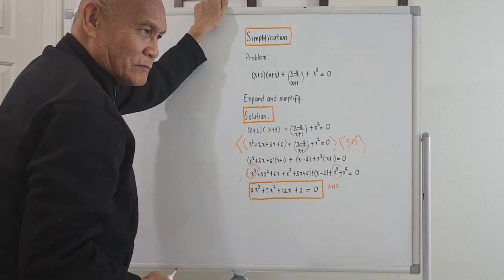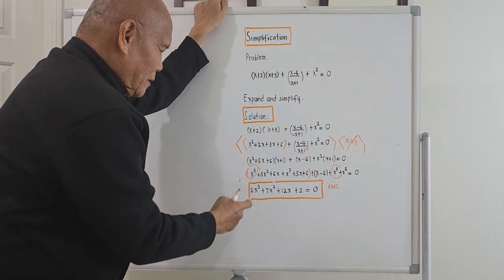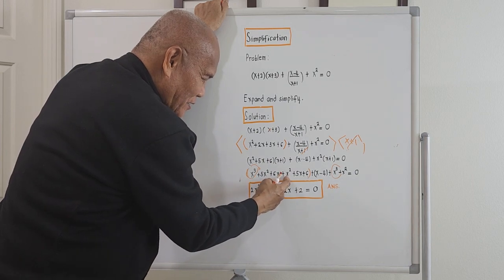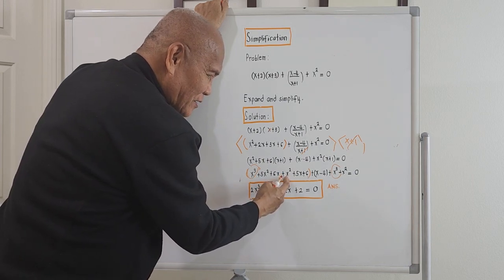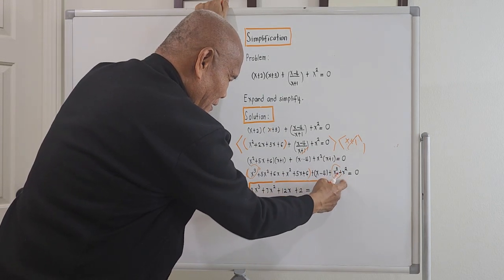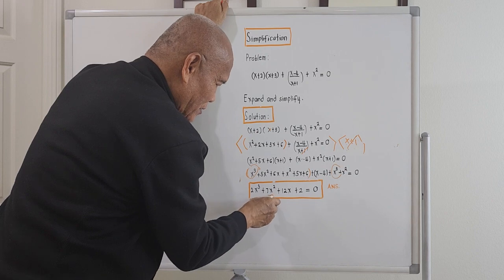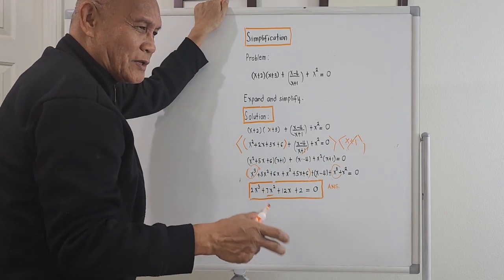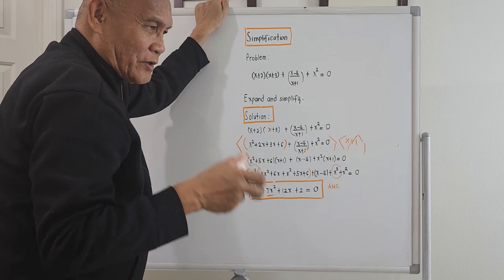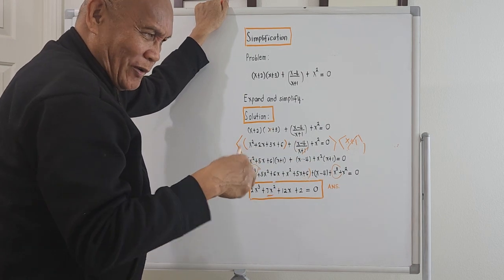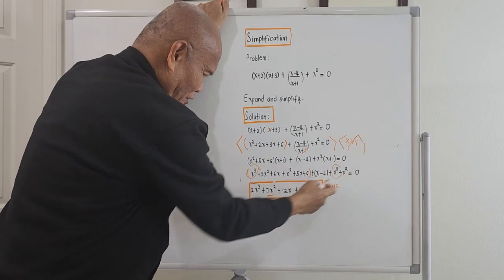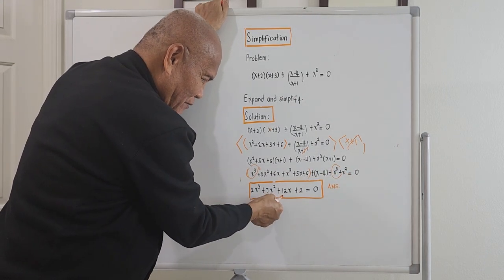It's always like that. For the x squared terms, 5x squared plus 1 is 6, plus another 1, that will be 7x squared. We just add the coefficients: 5 plus 1 plus 1, so that will be 7x squared.